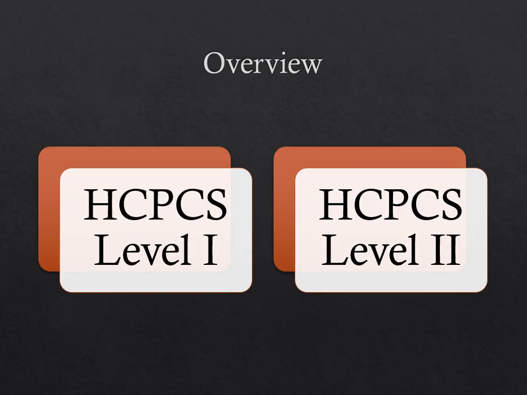Our HCPCS codes are 5 characters in length, but they begin with a letter followed by 4 numbers. These codes can be used to classify services that are provided by the physician, as well as other non-physician practitioners, such as speech therapists, nurse practitioners.